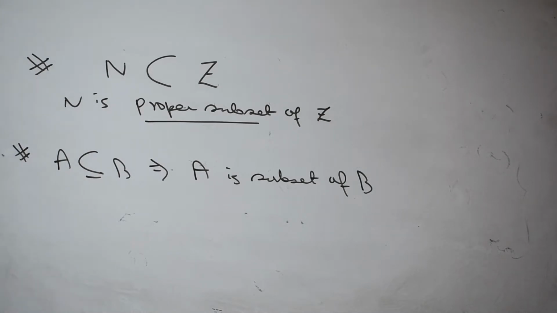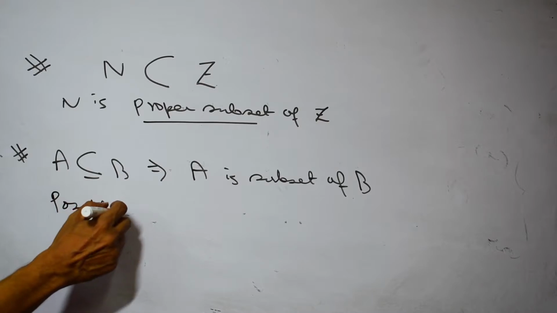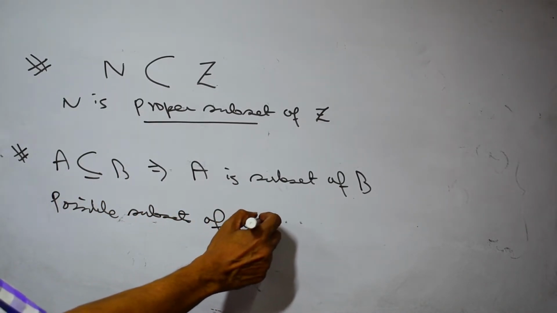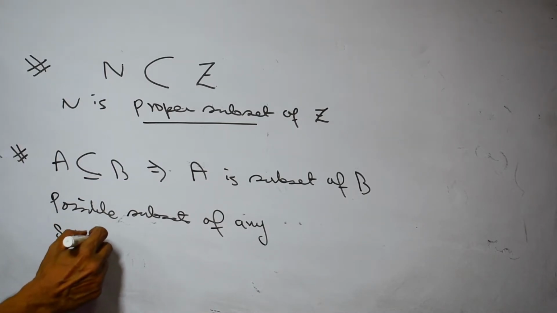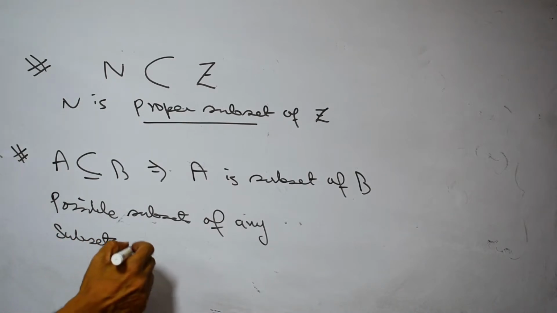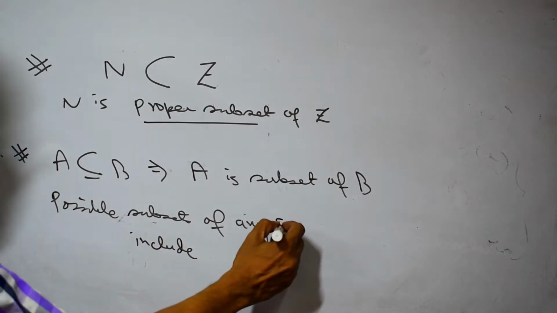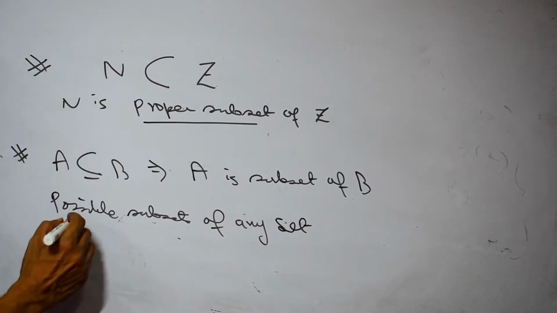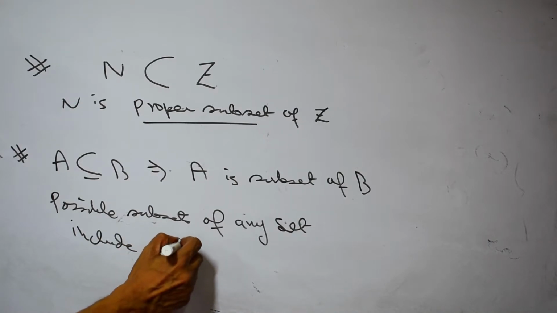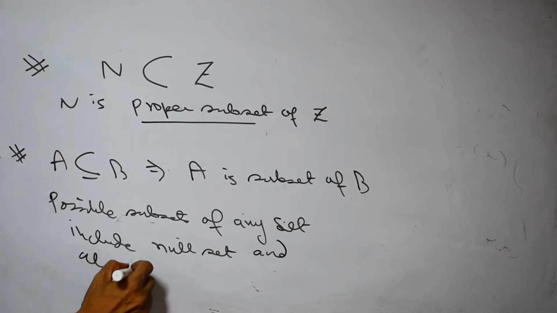Now if I count how many possible subsets there are, the possible subsets of any set include the smaller portions, and also include the null set, that is the empty set, and also the given set.